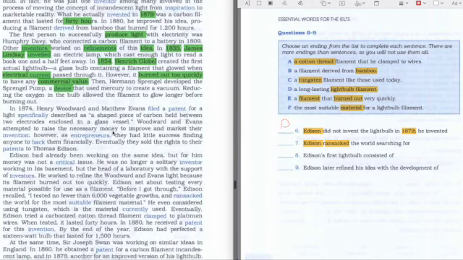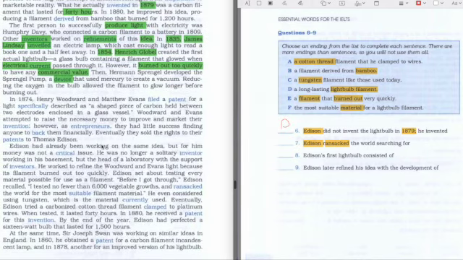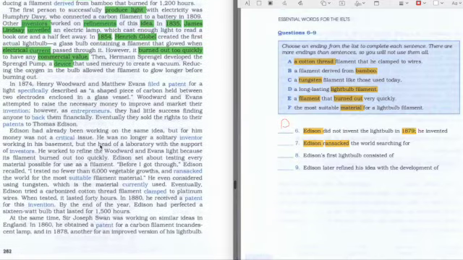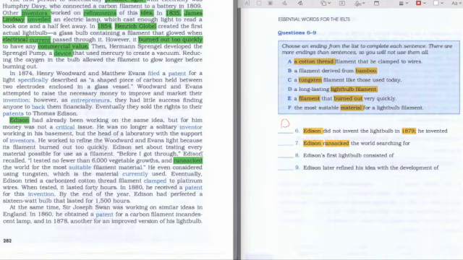In the second paragraph we don't have any information about that, and on the fourth paragraph we have a lot of information about Edison. Our keyword is ransacked, here in the middle of this paragraph.